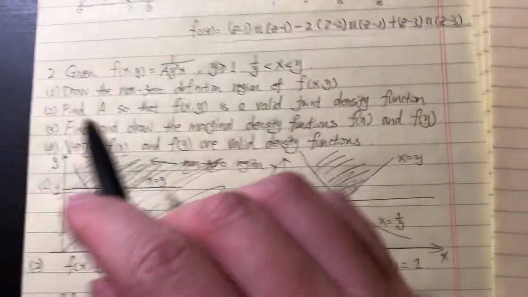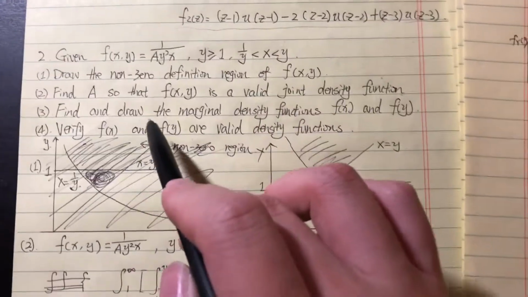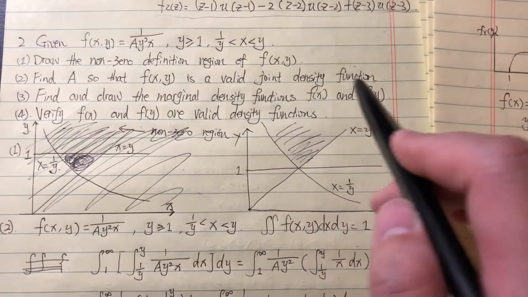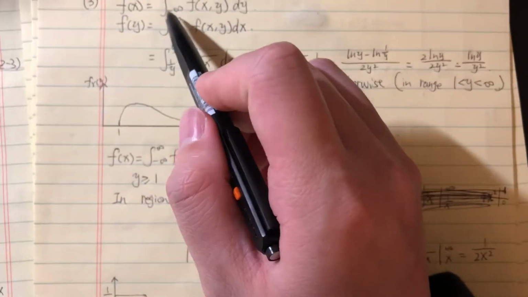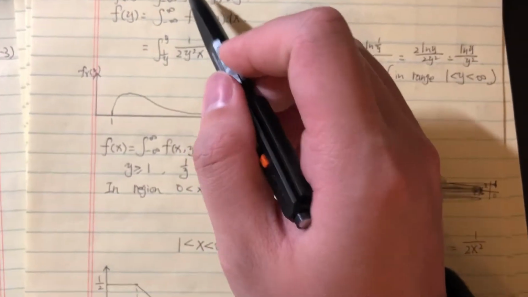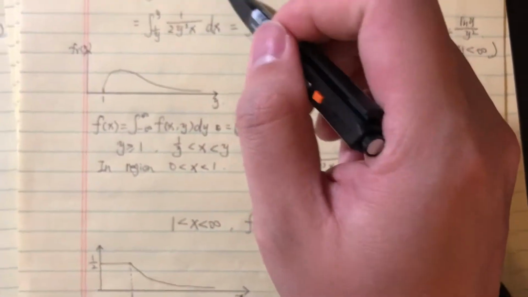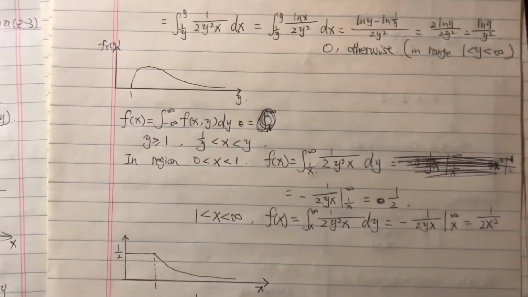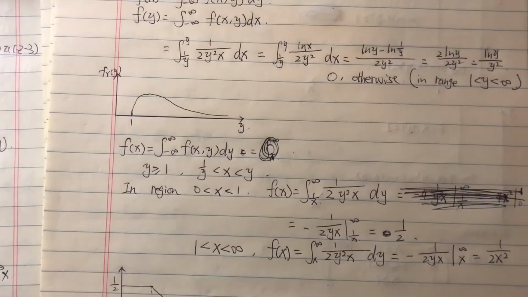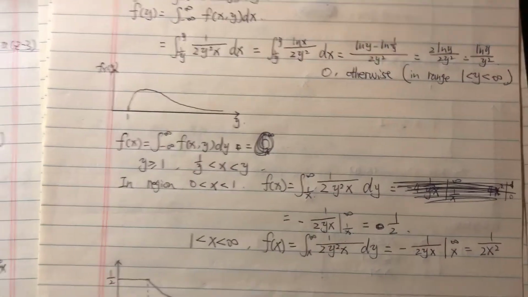And question 3 asks to find and draw the marginal density functions f_X and f_Y. So f_X is equal to the integral from minus infinity to infinity of f(x,y) dy, and f_Y is the same, the integral from minus infinity to infinity of f(x,y) dx.